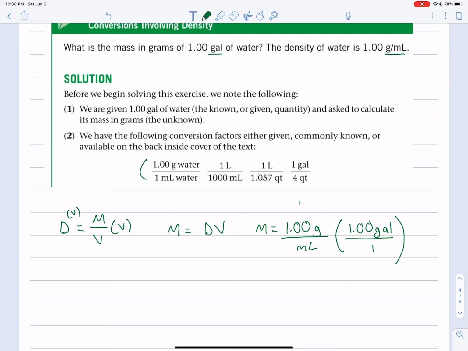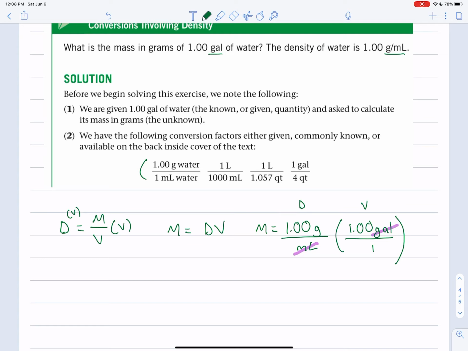So density here, volume here. Now, we can't multiply. What we want to do here is cancel our volume units, right? We want to be able to cancel milliliters with gallons, but we can't do that. And you can see this problem taking shape, and this is the reason I make sure to put milliliters under gram, and I put a little 1 under the gallons.